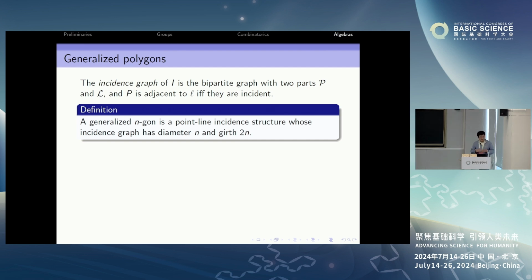So here comes the generalized polygon, which is my personal favorite. A generalized n-gon is a point-line incidence structure whose incidence graph has diameter n and girth 2n. We mentioned earlier that these are the polar spaces. These are the rank 2 buildings.